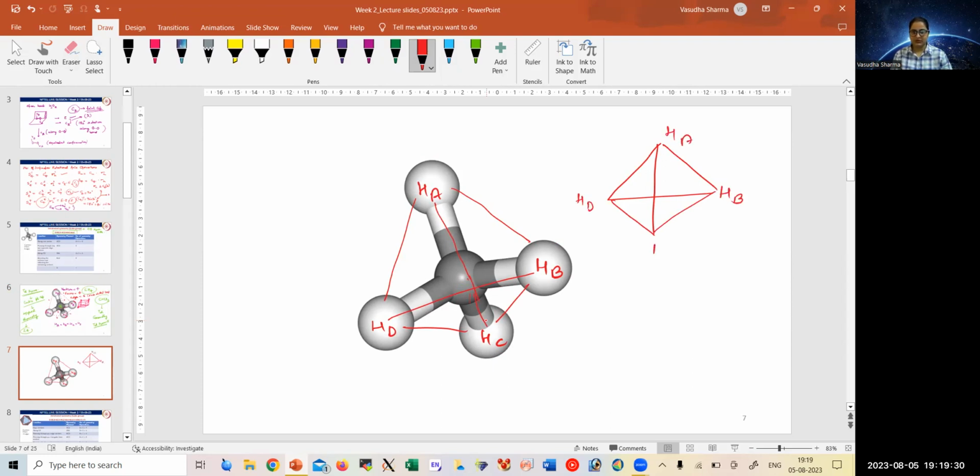If I take my front face as this orange block, the front face is nothing but your Ha, Hb, Hd, along with the carbon itself. So the front face has Ha, Hb, and Hd. And the bottom face would be this one in green color that I'm highlighting over here.